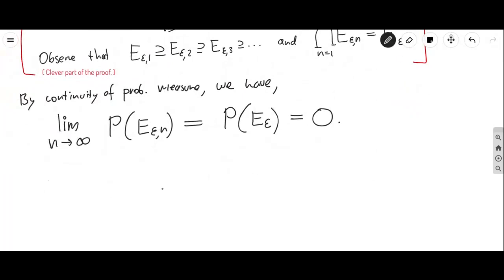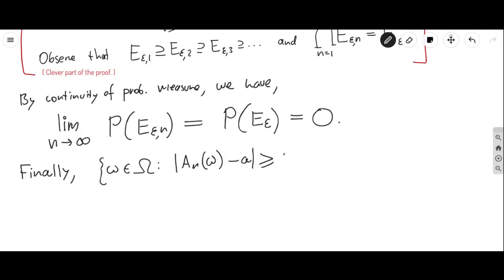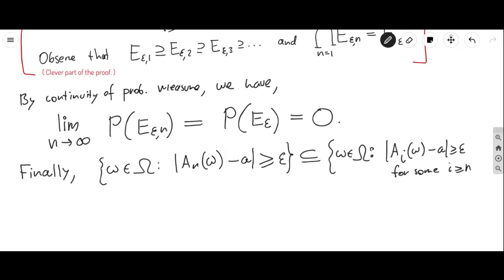And now finally, the event where a_n of omega minus a is greater than or equal to epsilon is certainly contained in this event, E. It'll be a good idea for me to write this out more carefully, because maybe you forgot the definition. a_i minus a for some i greater than or equal to n.